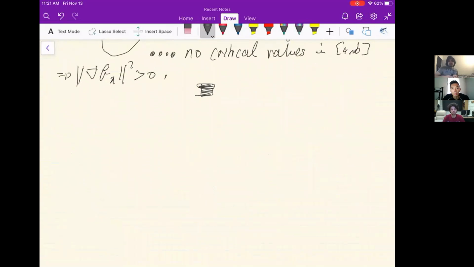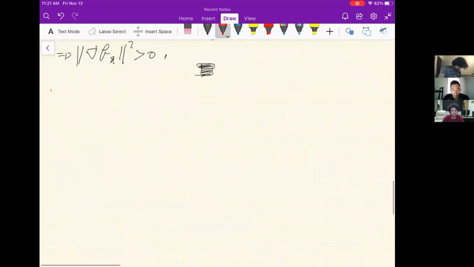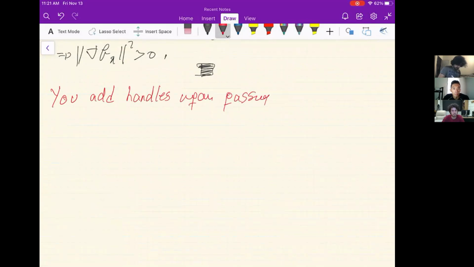Long story short, you add handles upon passing through a critical point.